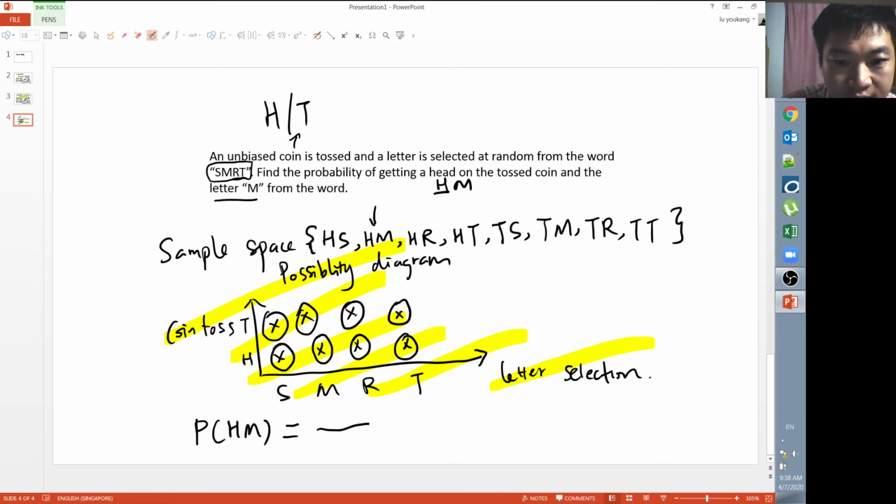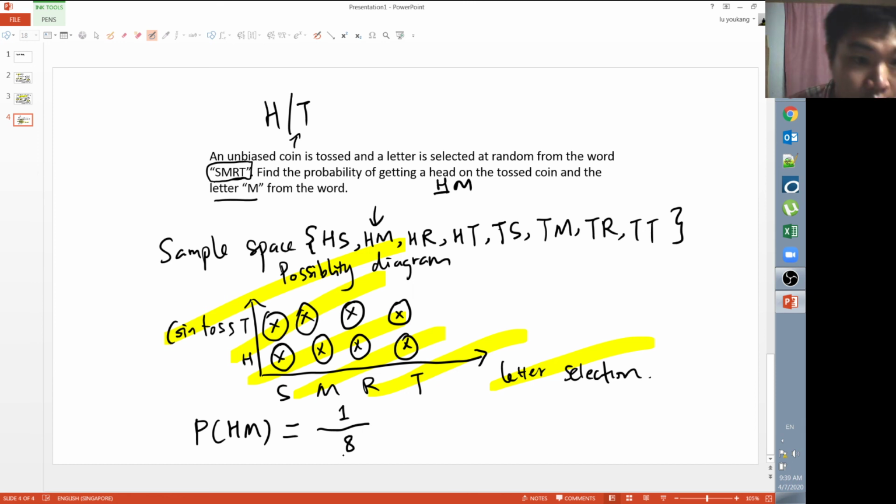You only have one HM across your sample space, out of how many possible outcomes? 1, 2, 3, 4, 5, 6, 7, 8. So the probability of getting a head and a letter M is 1/8. Very simple.